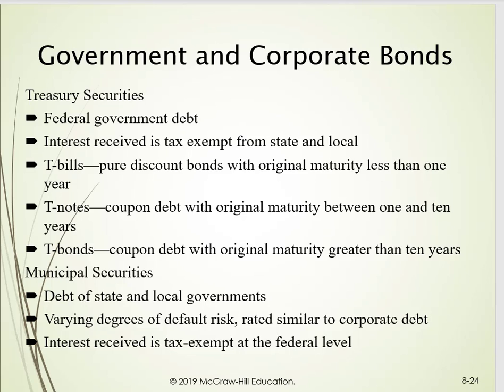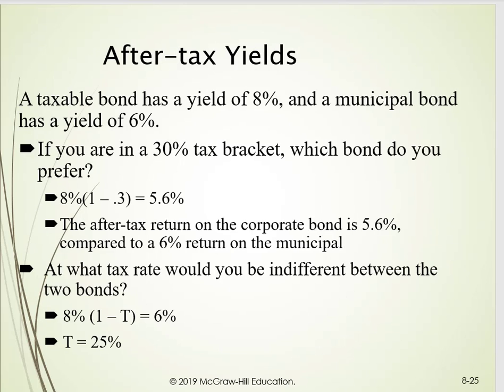So how do we choose between corporate debt and government debt when we have differences, not necessarily in risk, but differences in taxes? So here we have an example. We have a taxable bond that has a yield of 8% and a municipal bond with a yield of 6%. Now there's a saying that says it's not how much money you make that counts, it's how much money you keep that counts.